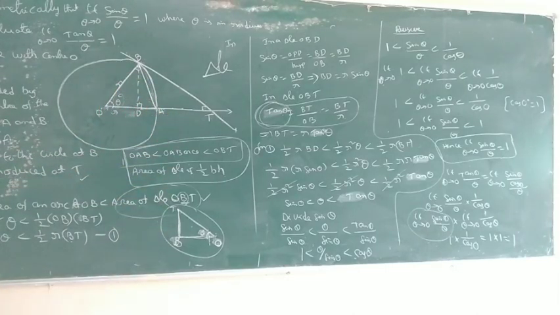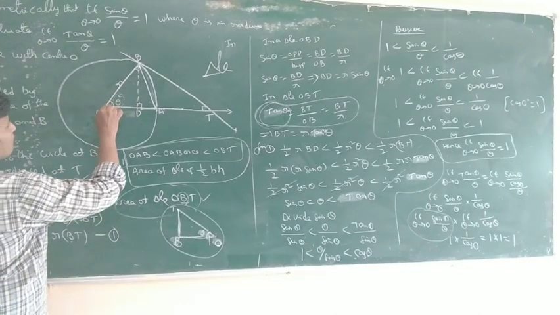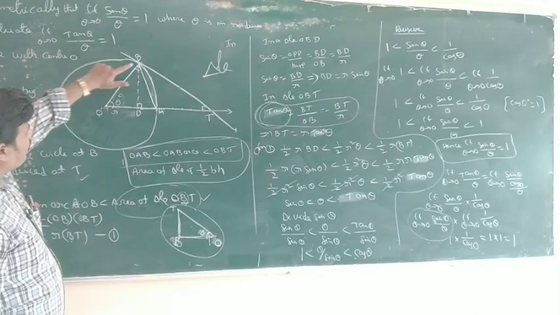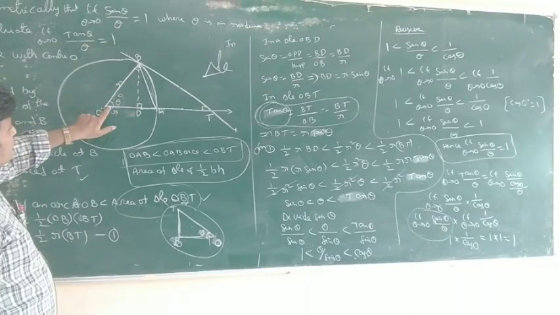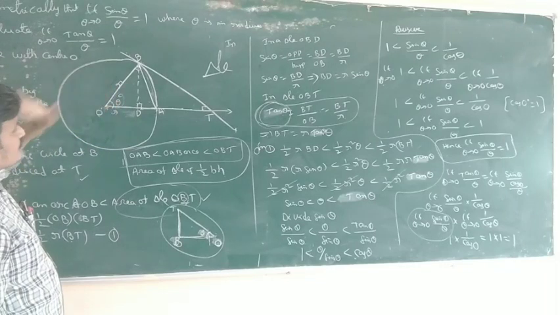In triangle OBD, not OBA, only OBD, this is the opposite side, this is the adjacent side, and this is the hypotenuse.